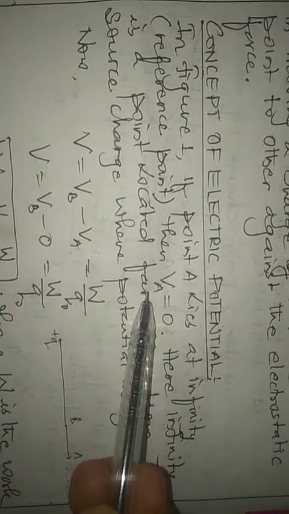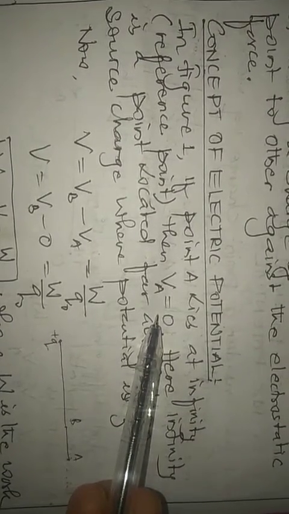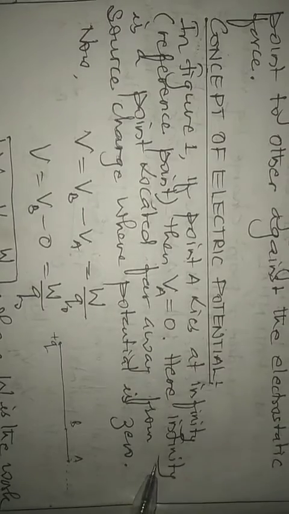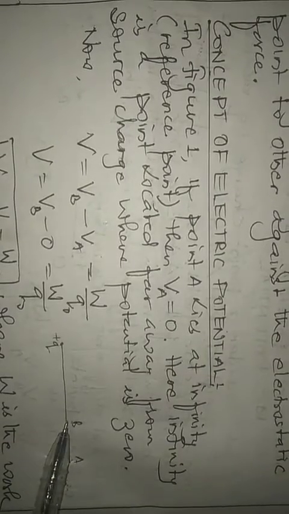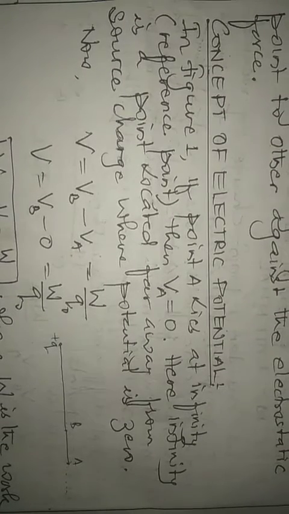So if point A lies at infinity, which is a reference point, then the potential at A is always 0. Remember this, potential at infinity is always 0. So the test charge is initially at the reference point, at infinity. Now if you bring the same test charge from infinity and keep it at a point, say B, you have to do work.